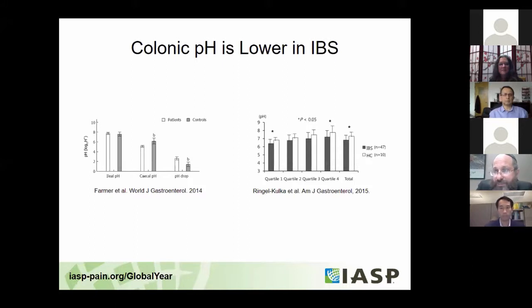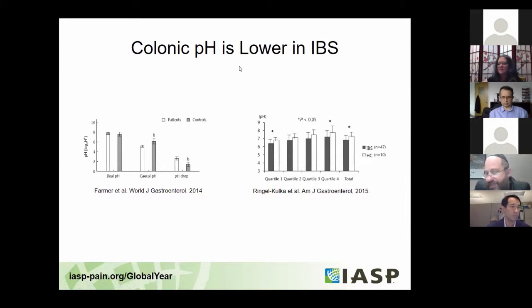Additional work needs to be done to figure out whether these involve, for example, the vanilloid receptors, which are known to be pH sensitive and contribute to mechanical hypersensitivity. But this kind of basic research in people as well as in animals allows us to start to figure out how we can further refine models of visceral pain, not only for irritable bowel syndrome. We'll see that extends to other conditions as well.